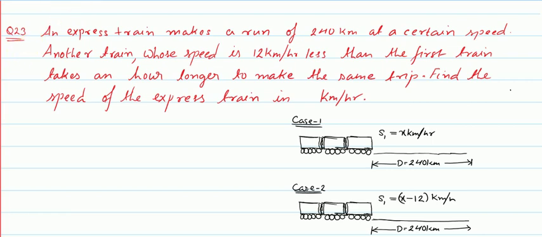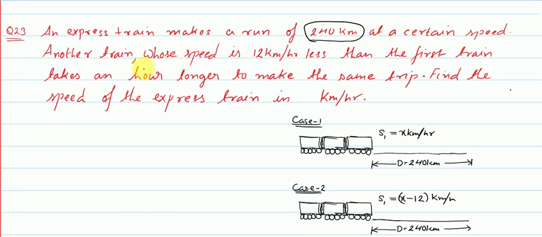So question number 23 says an express train makes a run of 240 kilometer at a certain speed. Okay, that certain speed is not known to us right now.